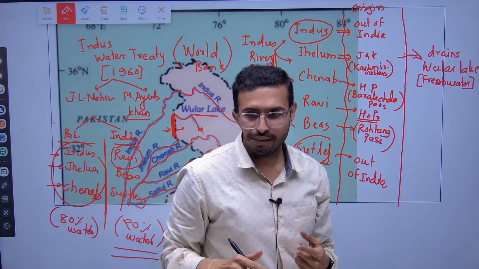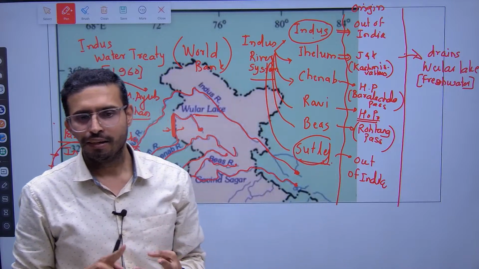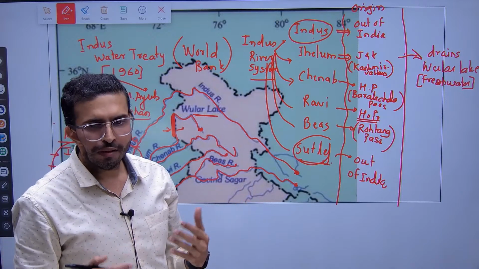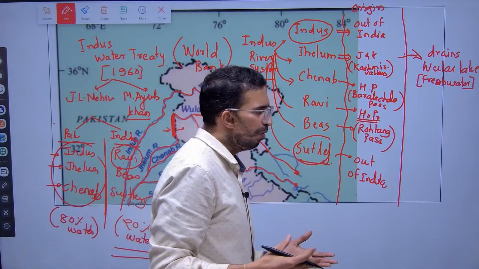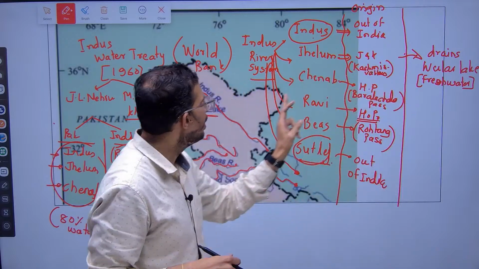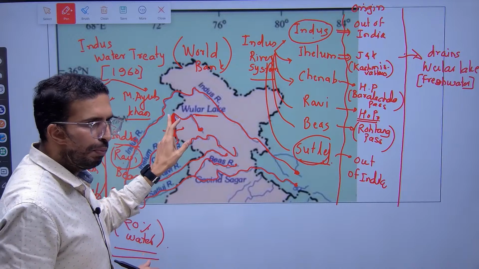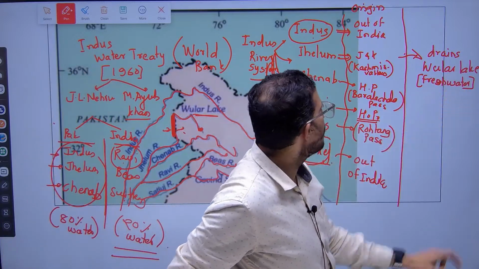The question is asked: Dal Lake, Vular Lake, Sambhar Lake, Chilka Lake, which of the following are the freshwater lakes, or which are the saline lakes? Vular Lake. Understood? Jhelum acts as a natural boundary between India and Pakistan, and it feeds the Vular Lake.